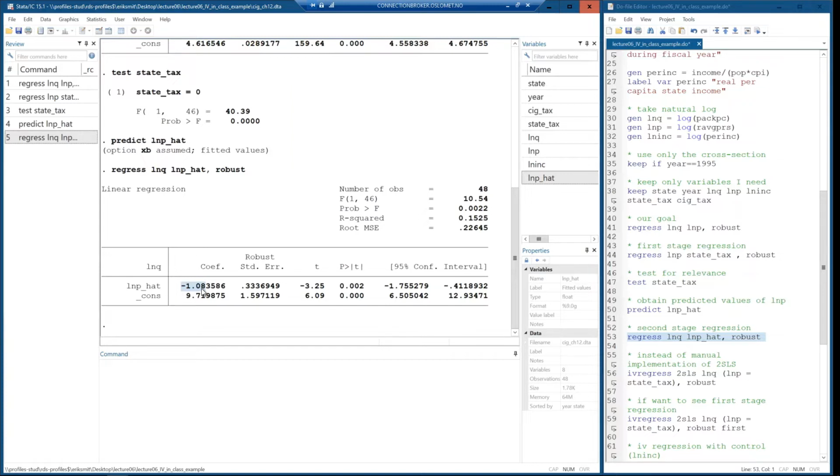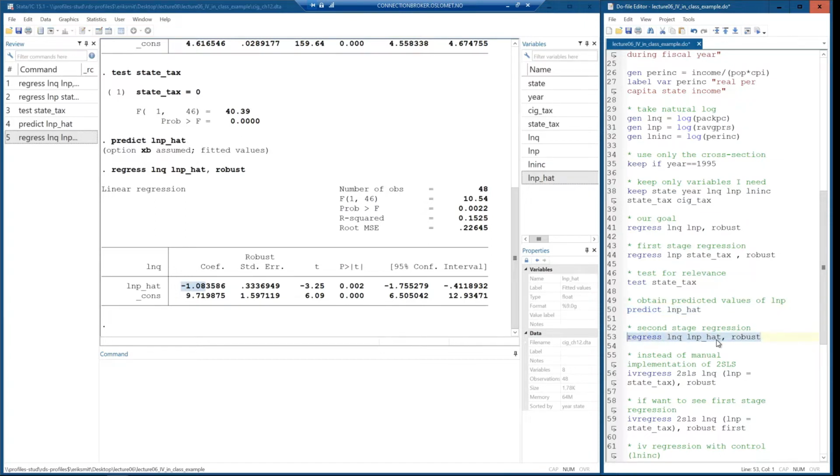Alas, there is a problem with this, because we have manually run the first stage regression, and we used the fitted values, the predicted values, in the second stage regression.